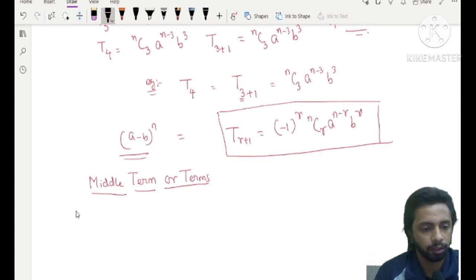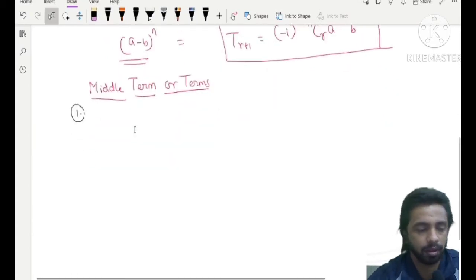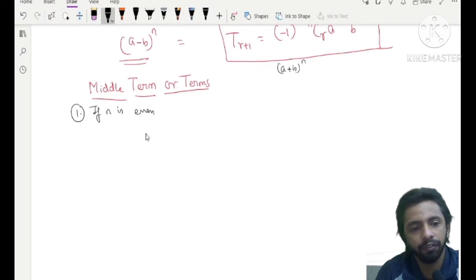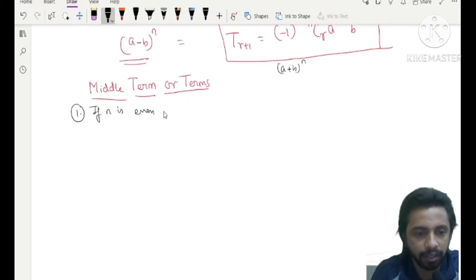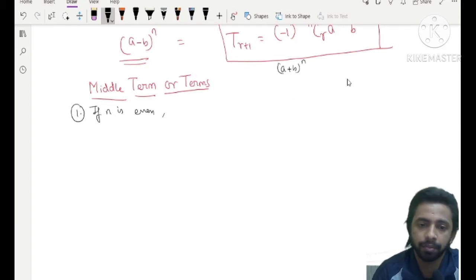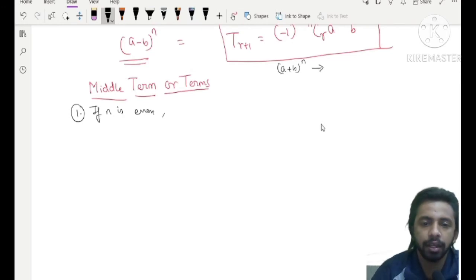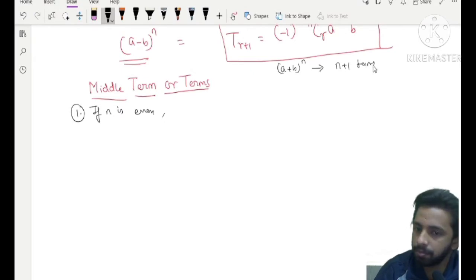Okay. So the first thing is, if n is an even number in the expansion a plus b raised to the power n, I hope you remember in the first video only I mentioned that a plus b raised to the power n will have n plus 1 terms, right?